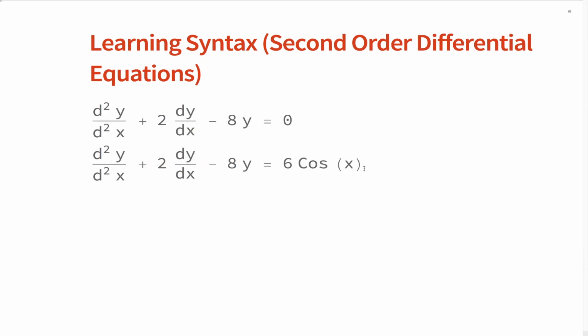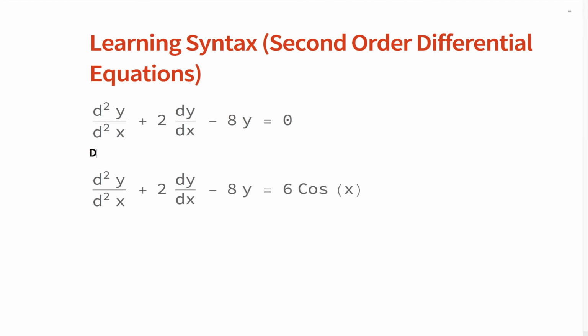Now, how to do the syntax for second order differential equations? Similarly, in the same way, this is the second order differential equation. How can you do that? It's the DSolve function, with square brackets for the function arguments. This is d square, so in this case we have y double dash.